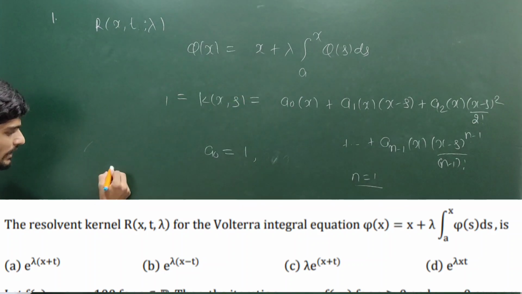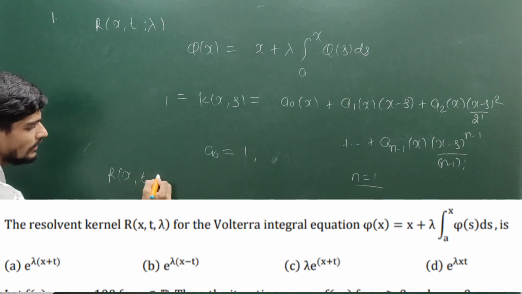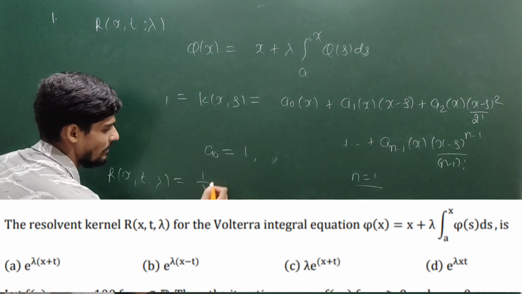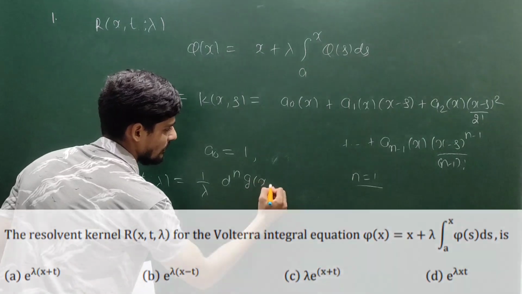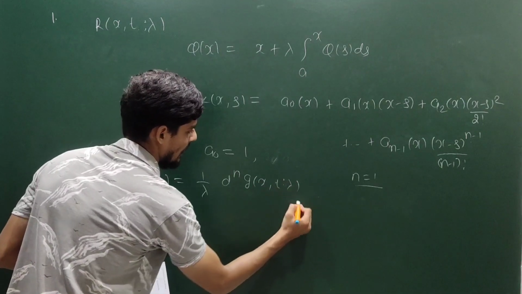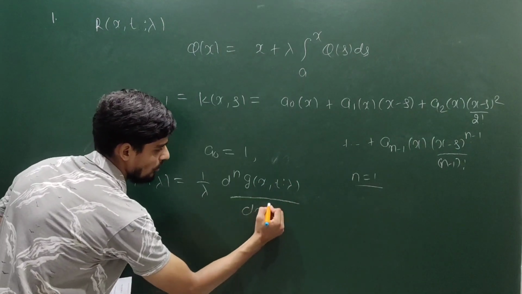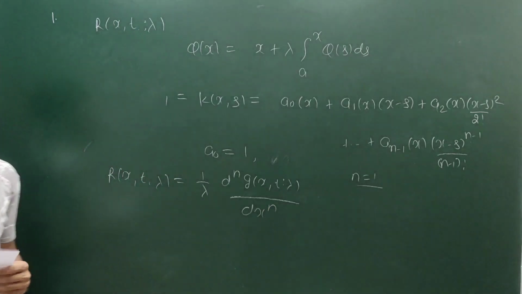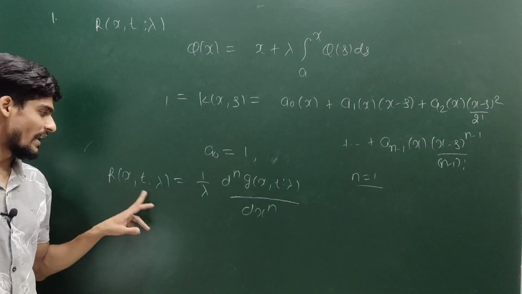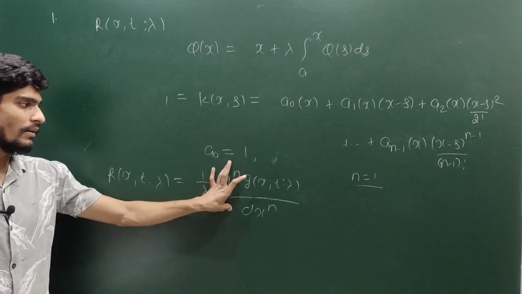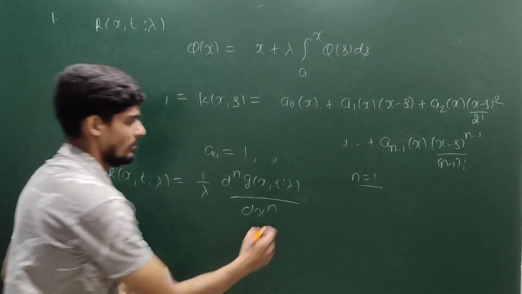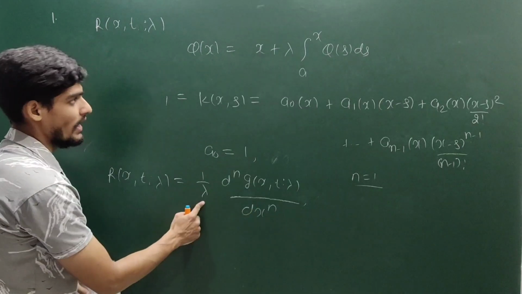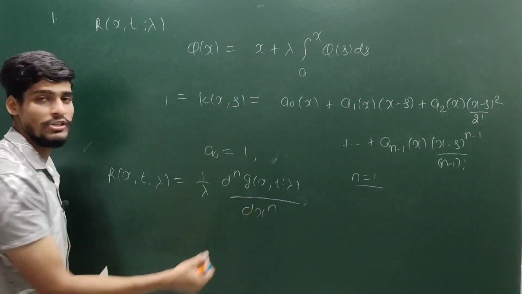Then your resolvent kernel R(x, t; lambda) is given by 1 upon lambda times the n-th derivative of g(x, t; lambda) with respect to x. Here lambda is known from the question, but what is g?